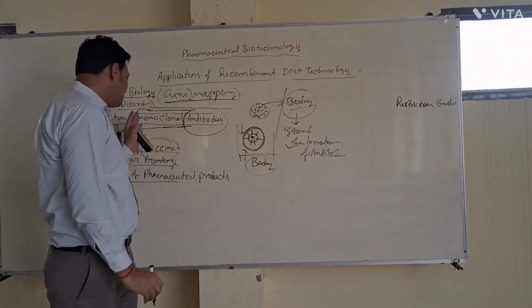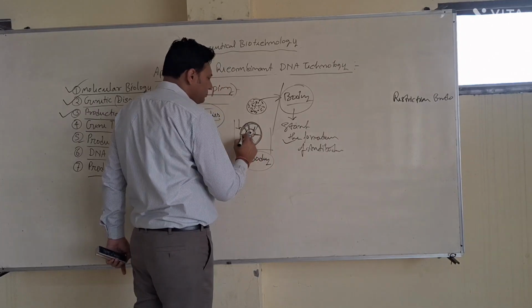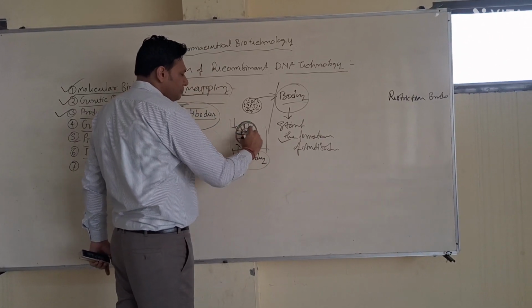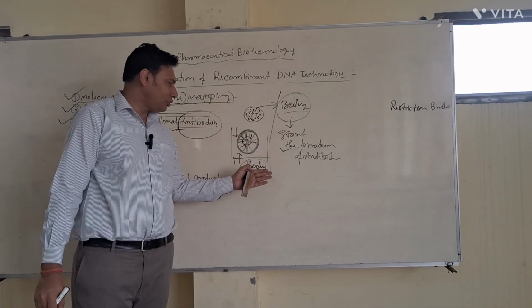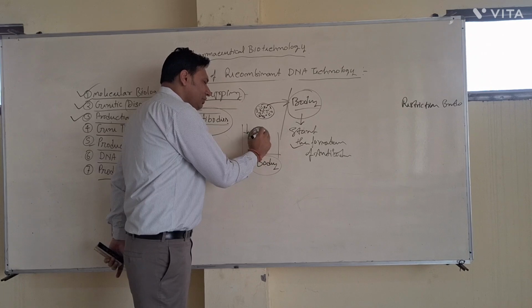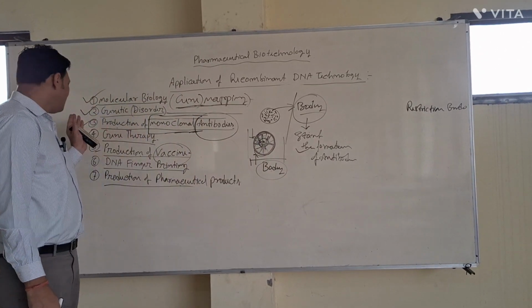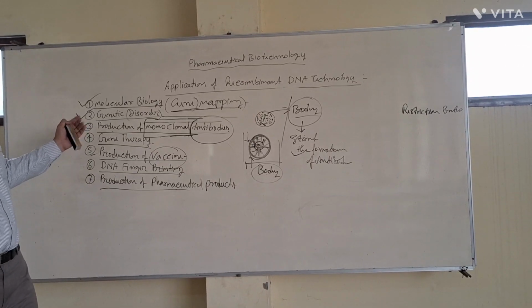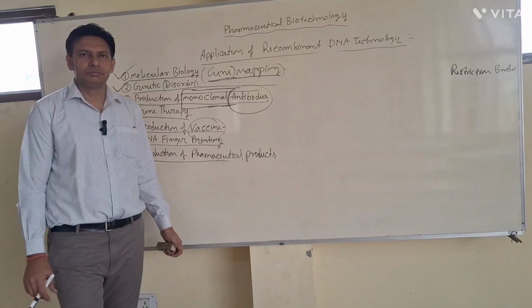With the help of this covering, it will deactivate this microorganism. This germ or pathogen will not show any harmful effect on the body. With the help of this covering, it will destroy this microorganism. So this is the third important application, that is production of monoclonal antibodies.